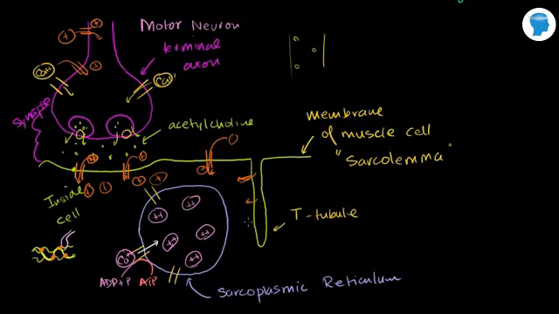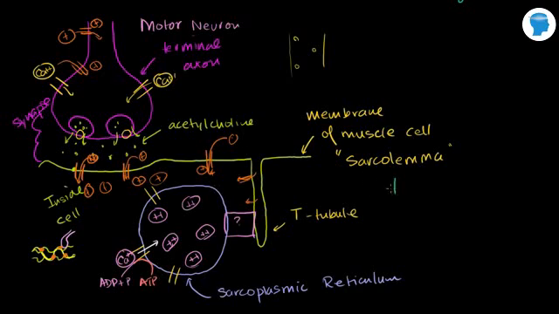Is that you have a protein complex that essentially bridges the sarcoplasmic reticulum to the T tubule. And I'll just draw it as a big box right here. So you have this protein complex right there. And I'll say out some words out here.